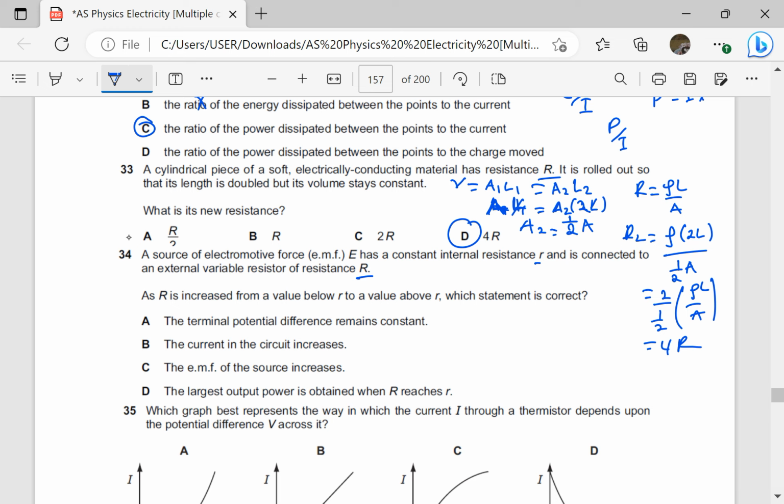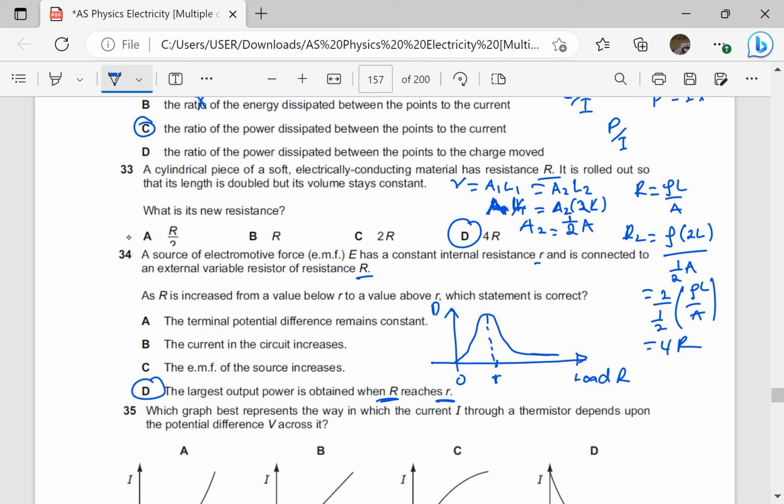Remember in one of the questions that we saw, a graph of power against the load resistance R. When R was increased from, let's say, 0, when it reached R, which is the internal resistance, the power was maximum. I mentioned that power is maximum when the load resistance is equal to the internal resistance of the battery. So the largest output power is obtained when the load resistance is equal to the internal resistance. So the answer is automatically D.